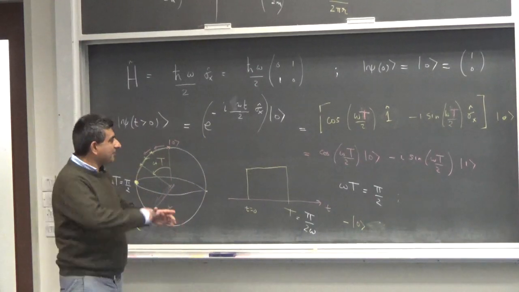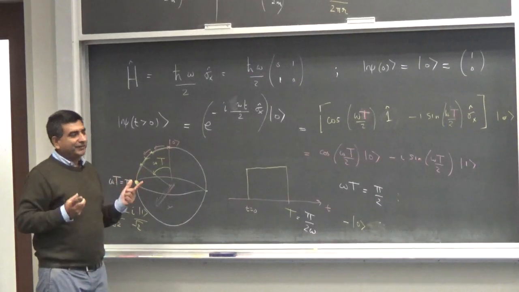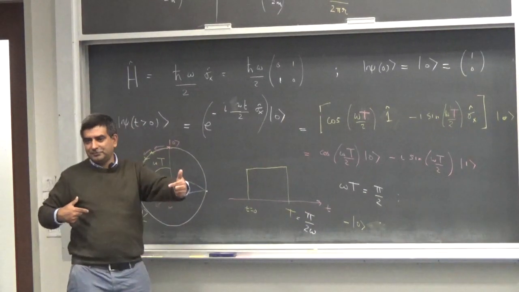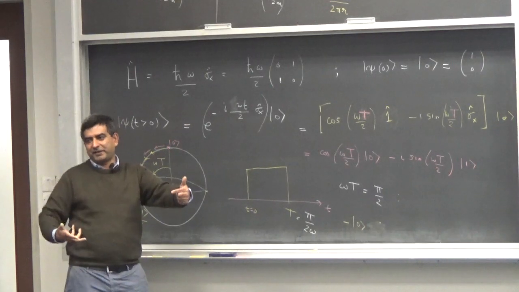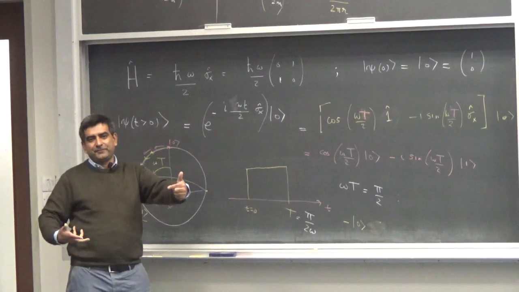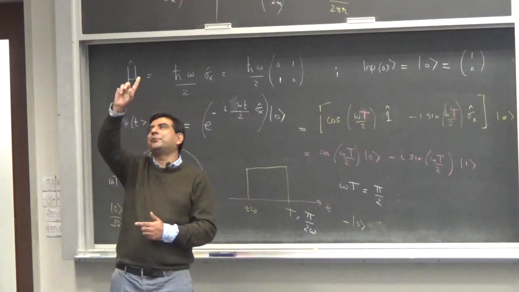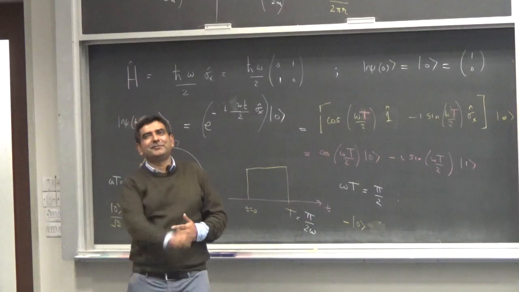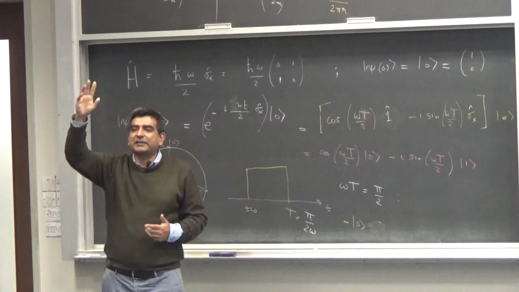So if you do this amount of rotation, how can you control the angle? There are two ways. Either you control how long this magnetic field is switched on, or you control the frequency, the strength of the magnetic field. And by the way, that's why it's called a spin half particle, because you actually have to do 2 rotations on the Bloch sphere to recover the original phase as well, in mathematical terms.